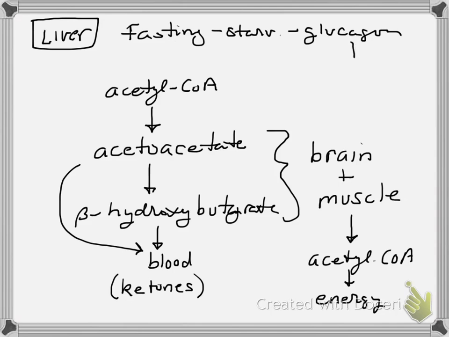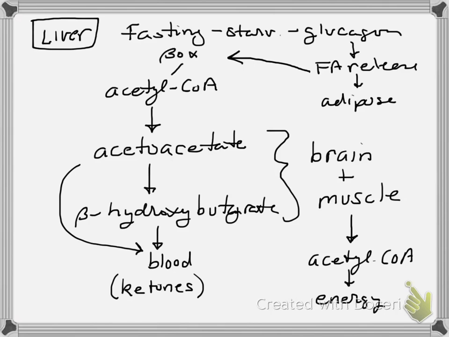Well, glucagon, remember, causes fatty acid release from adipose tissue. These fatty acids enter the liver. The liver undergoes beta oxidation in the mitochondria and generates acetyl-CoA. And remember, enormous amounts of acetyl-CoA. Now, the energy state is very high.